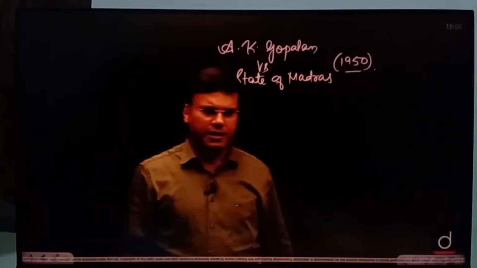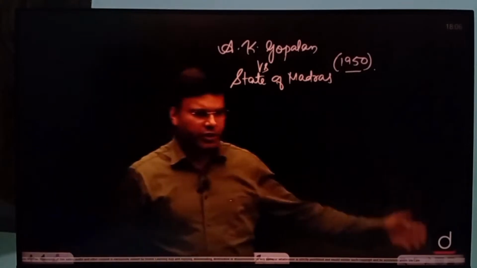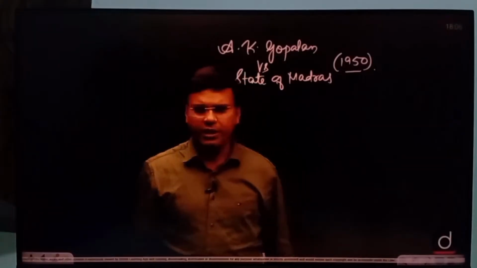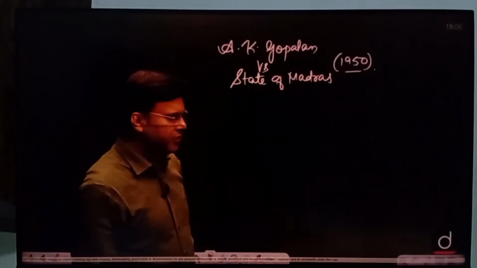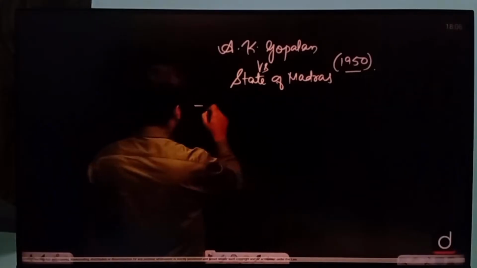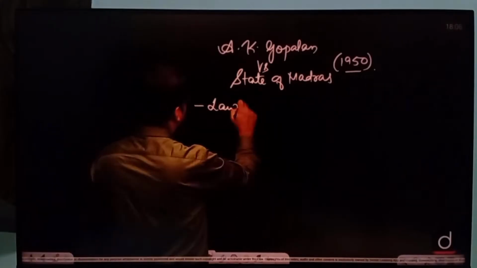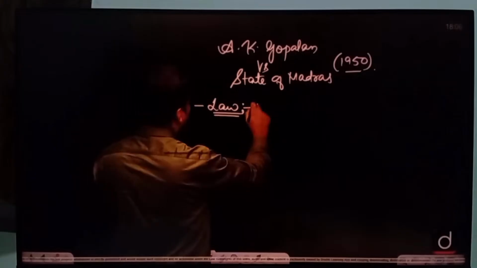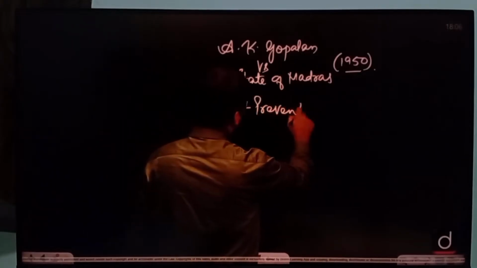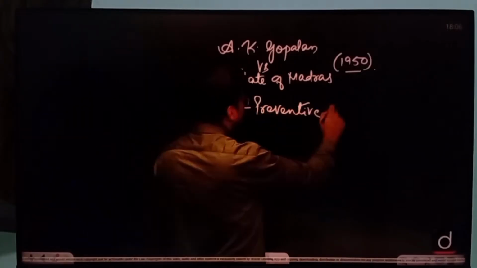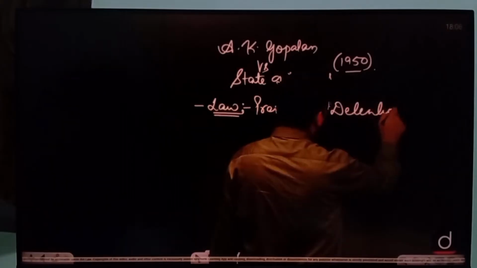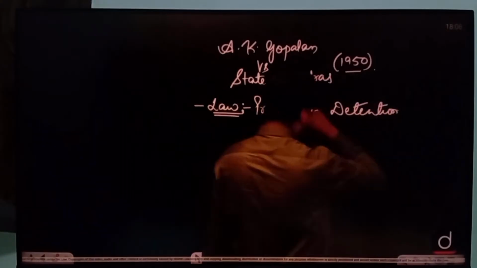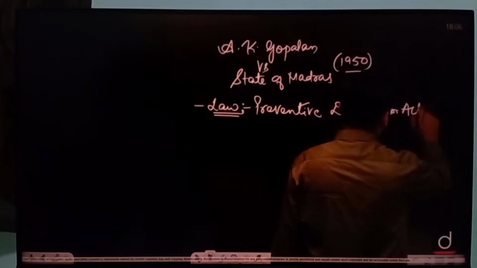He has to speak in his rallies. He is a great orator, but he is arrested. So what is the arrest made under? There is a law passed by the legislature called the Preventive Detention Act 1950.